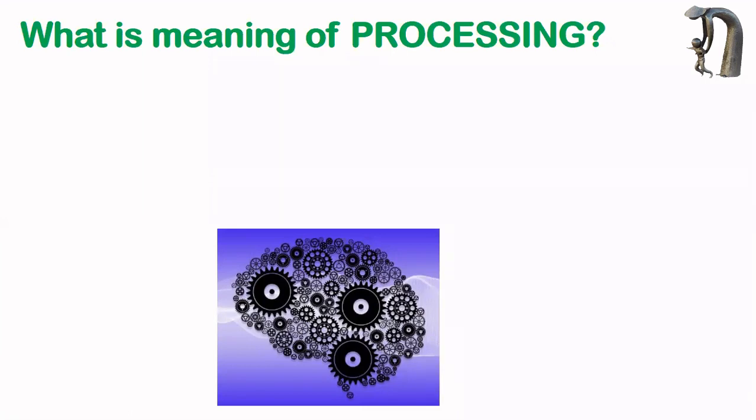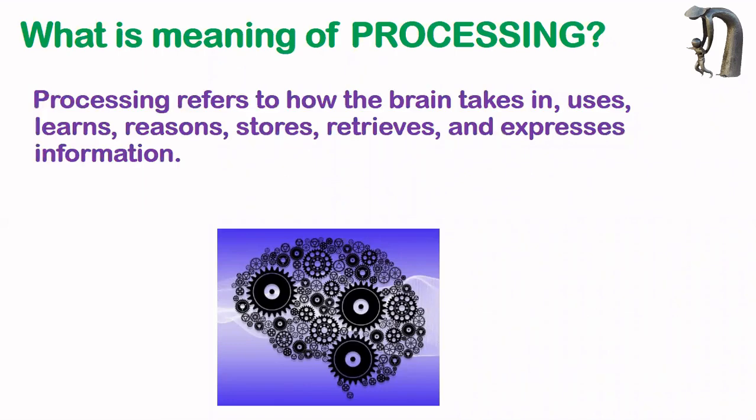So processing refers to how the brain takes in. Now, see, this is your brain. Your brain has a lot of components, a lot of small units, which are made up of nerves twisted together. It is partitioned into different compartments.